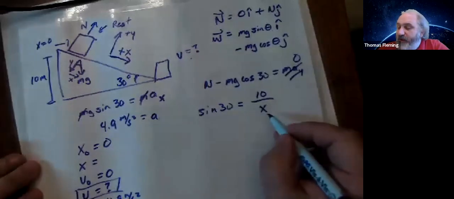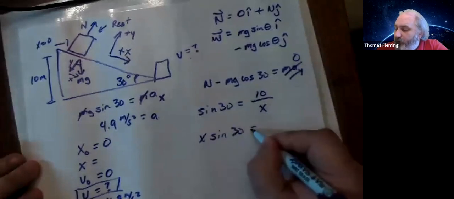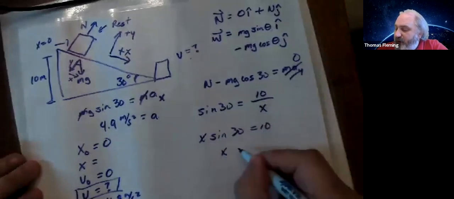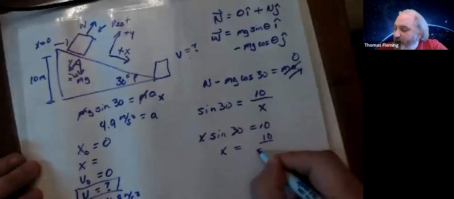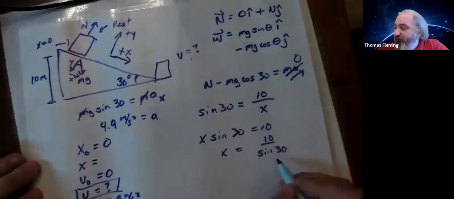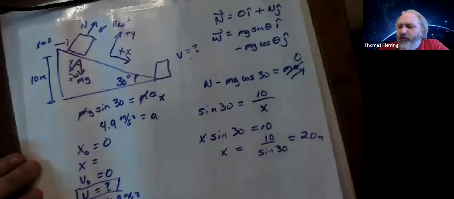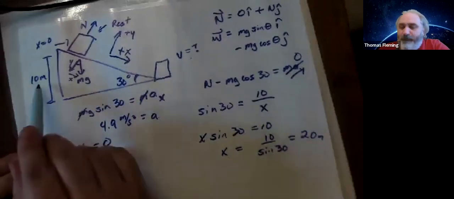So if I solve this for x, I have x sine 30 is equal to 10, and therefore x is equal to 10 divided by the sine of 30. Since the sine of 30 is 1/2, that means that x final is 20 meters, which makes sense. The hypotenuse ought to be the longest side of the triangle, so we knew it had to be bigger than 10.